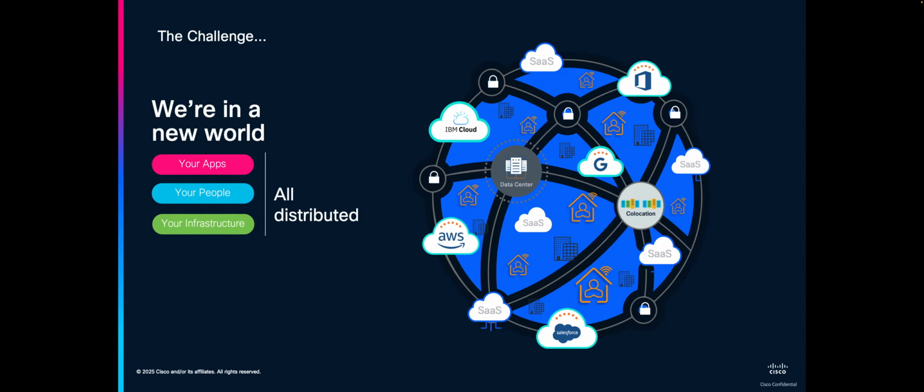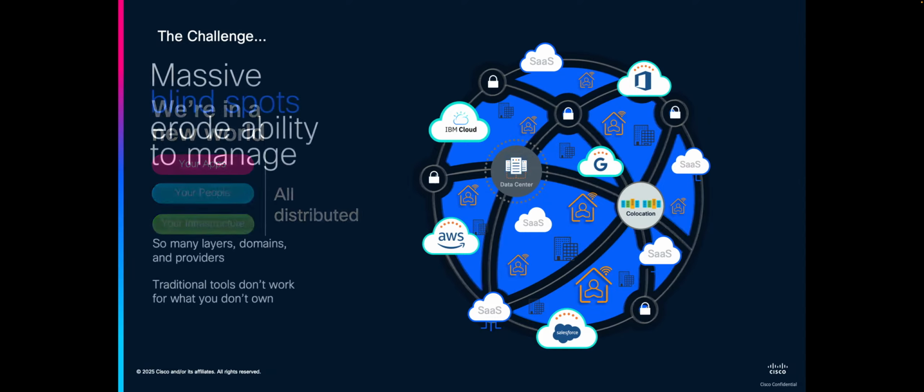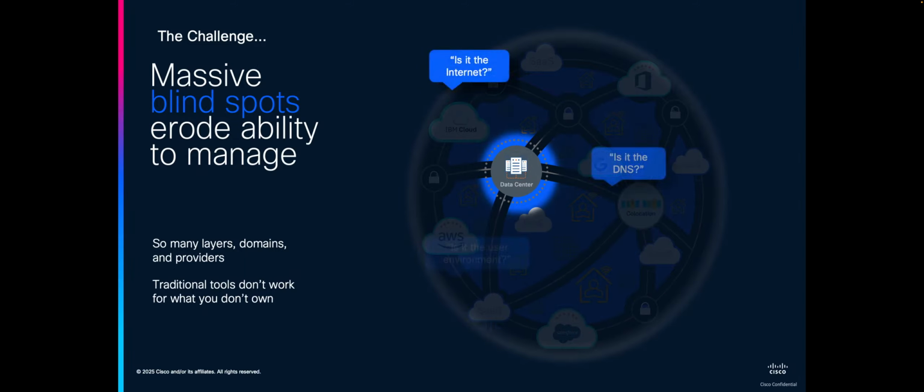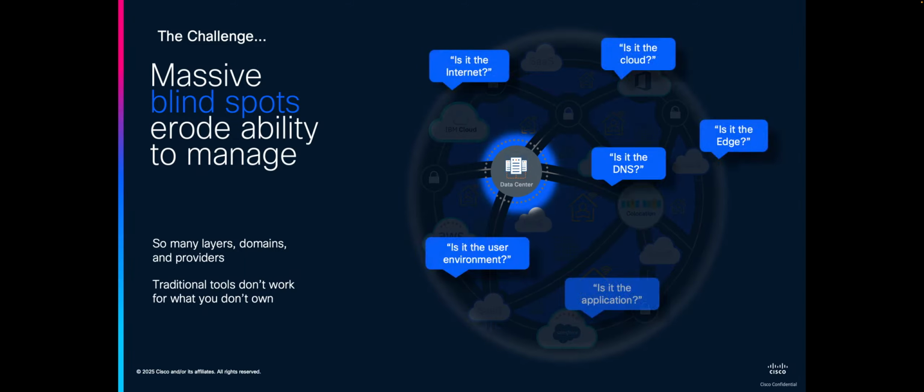So if you're a corporation and you have people distributed all across the world working for you, you have applications distributed across the cloud all over the world, and you're using the World Wide Web for all of that to happen, it becomes very difficult to isolate what kind of issues are going on around you. You have a lot of blind spots that come out.